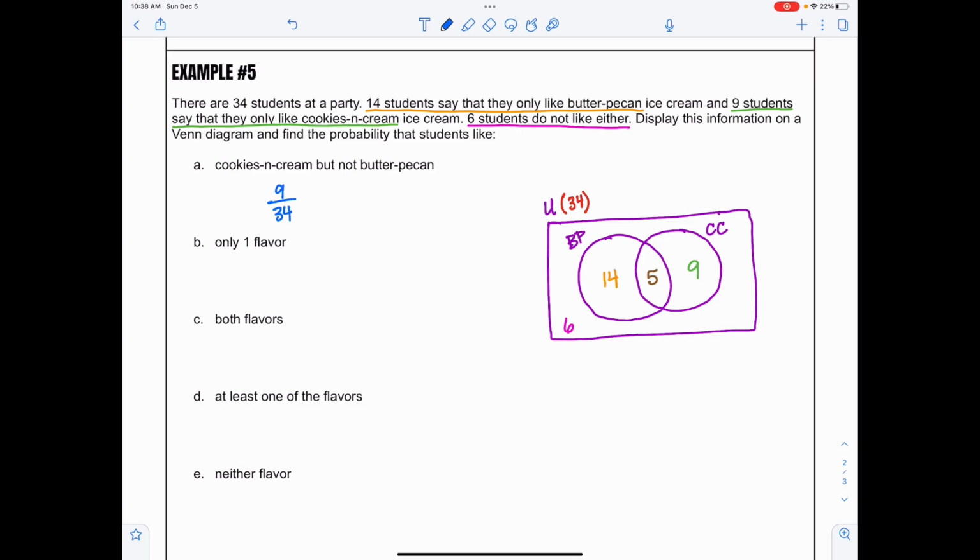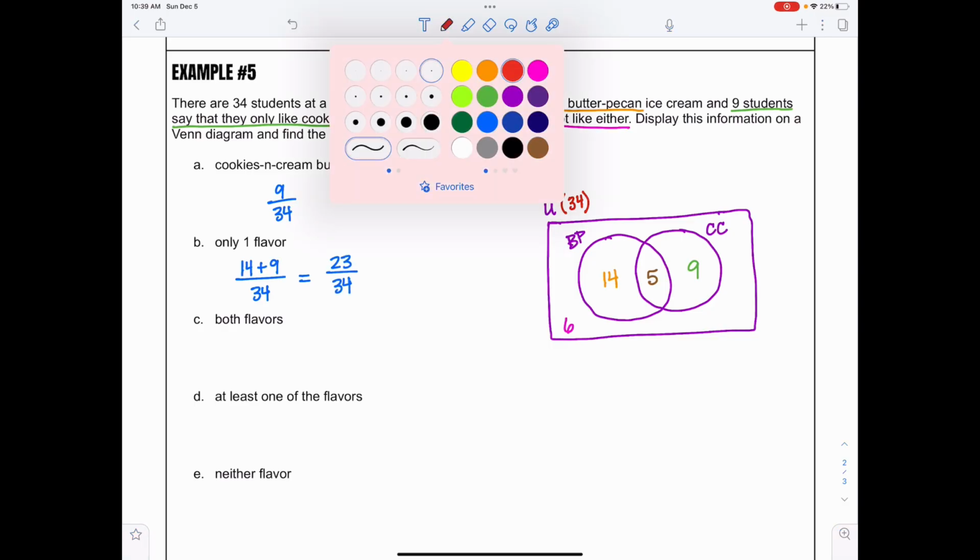The probability that they're only going to like one flavor, that's going to be the butter pecan, which is 14, and the cookies and cream, which is 9. So 14 plus 9 out of the total amount of people, which is 34, that is going to simplify to 23 out of 34.